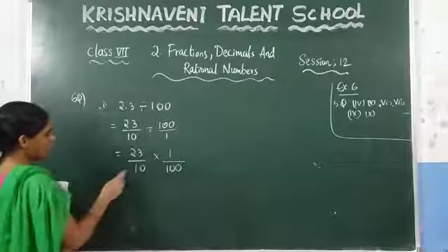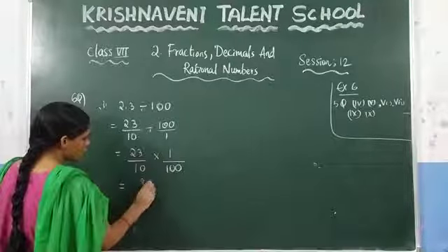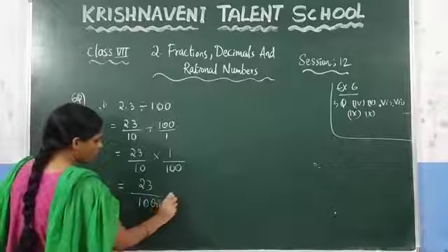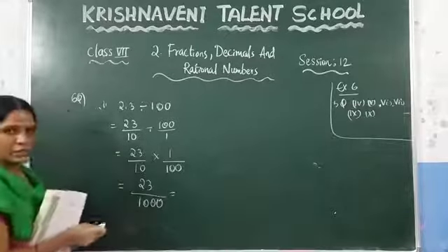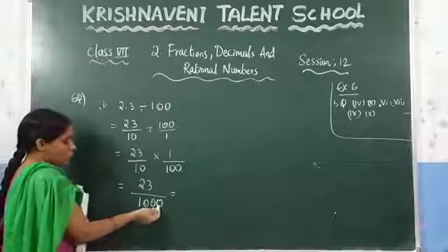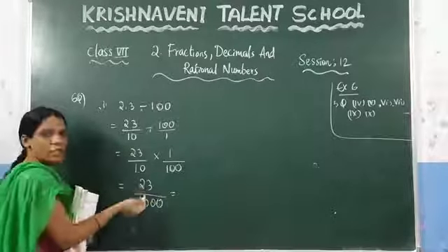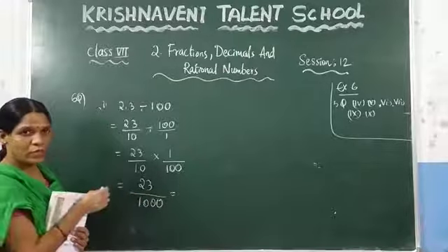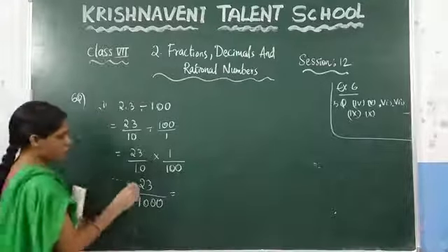So here what will you get? 23 into 1 gives you 23. 10 into 100 is 1000. Now you know how to write this in the decimal form. So here in the denominator how many zeros are there? 1, 2, 3. So in the numerator you need to move that many places from the right, and before that you need to keep the decimal point.